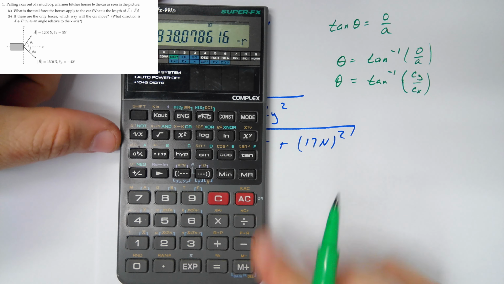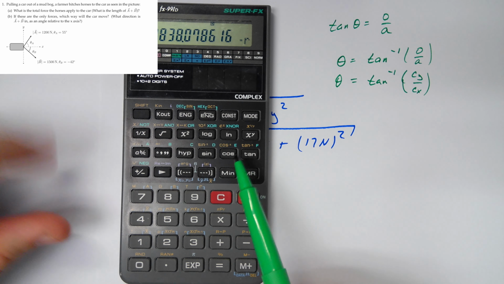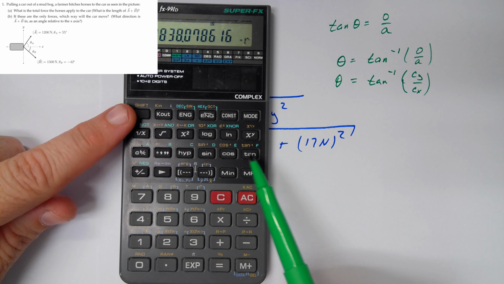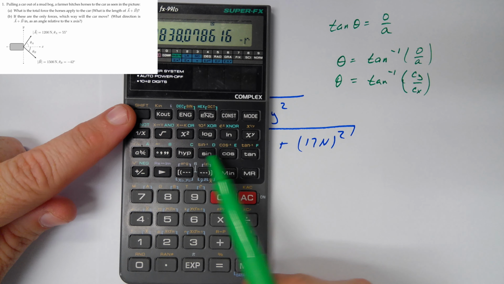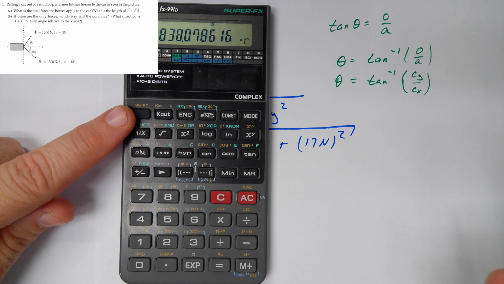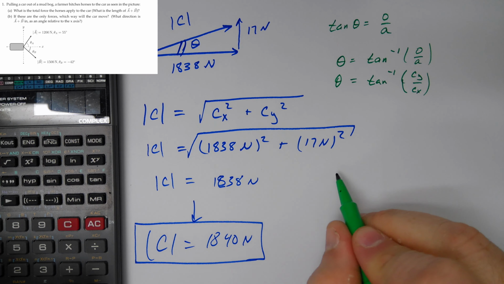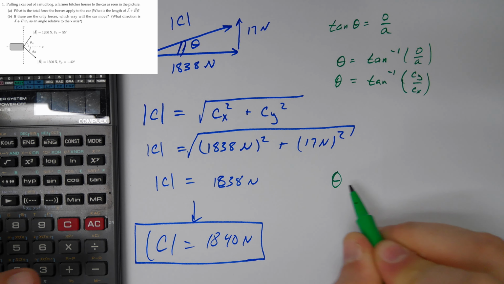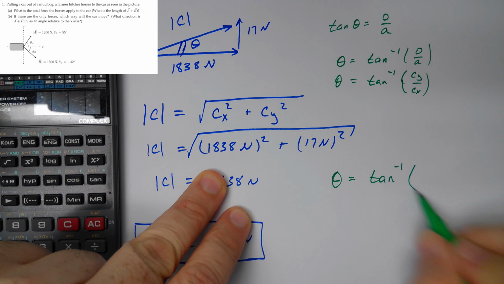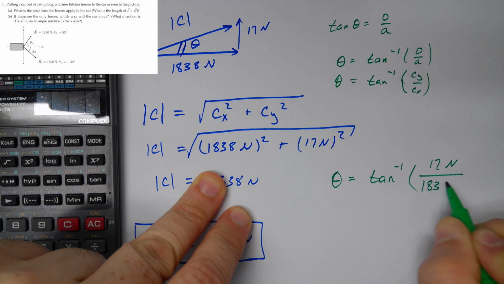And on your calculator, right, you should have a sine, a cosine, a tangent, and a shift button, and an inverse sine, inverse cosine, and inverse tangent, which should say sine, cosine, and tangent to the -1 powers. Right. So that's what we're going to do. We're going to calculate this. Right. We're going to say theta equals inverse tan of 17 newtons over 1838 newtons.